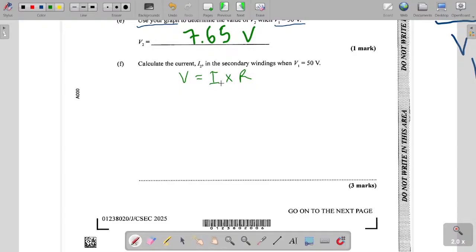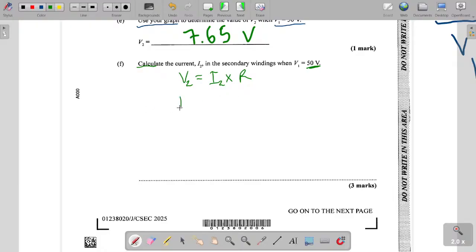So that means we need the current in the secondary winding, and we should also use the voltage in the secondary winding. So you're not going to use the voltage of the primary winding because you're trying to find the current in the secondary winding. So you're going to use the voltage in the secondary winding and the current in the secondary winding in the equation.